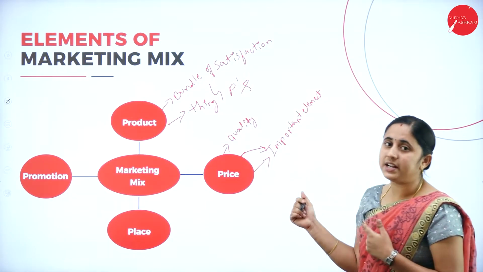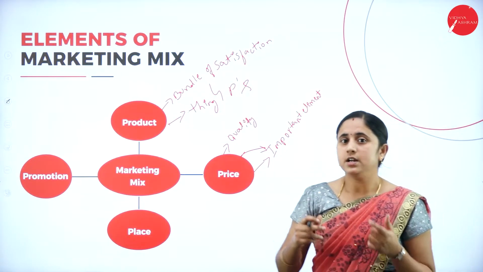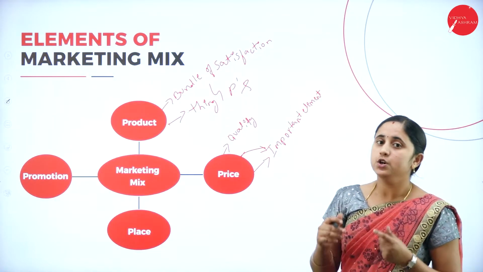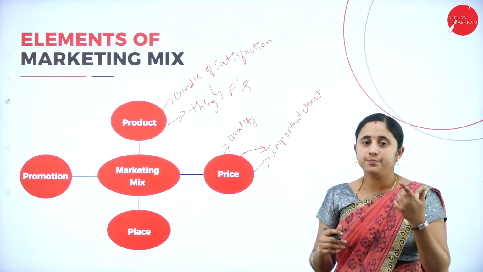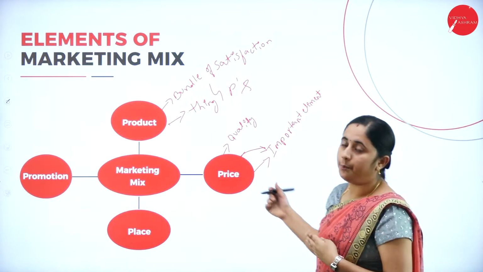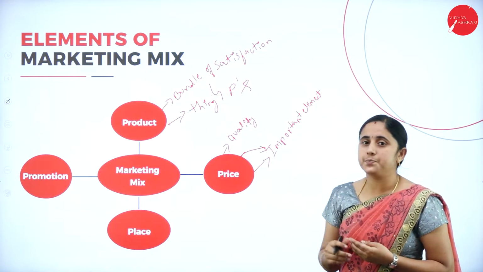So the pricing strategy is a difficult task for a best marketing strategy. Pricing is influenced by the demand for your product, cost of production, profit, then the competition of substitute products.